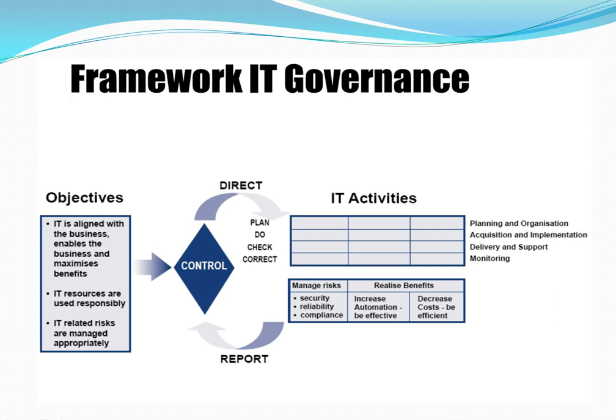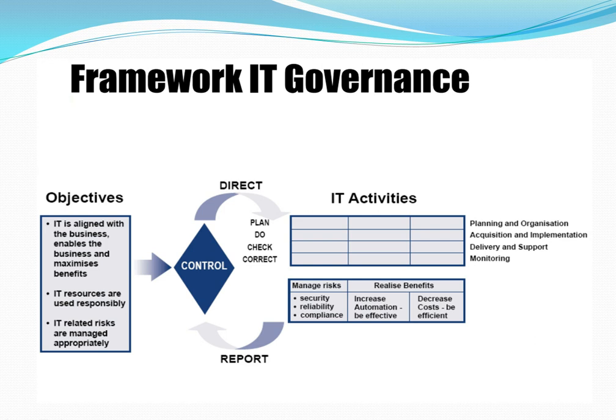The control should also be on check and correct. You have plan, do, check, correct. We are talking about planning on the IT activities, actions on IT activities, checking of IT activities, and correction of activities in IT to realign with the business strategy.